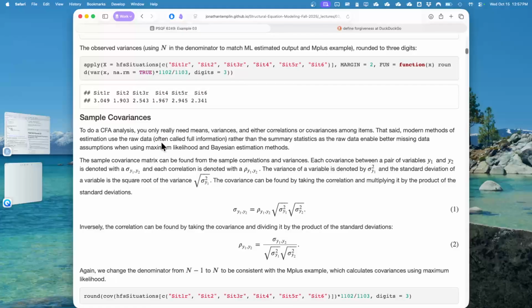If you're using maximum likelihood for estimation in lavaan, Mplus, or elsewhere, the estimates of variance of items are the maximum likelihood version, which is variance divided by n. But if we use the variance function in R, it's actually n minus 1. So I multiplied and rerouted this to make it look like the by n version. It's a small difference, but it will cause a little bit of rounding errors. That's a great question. Thank you for observing that.